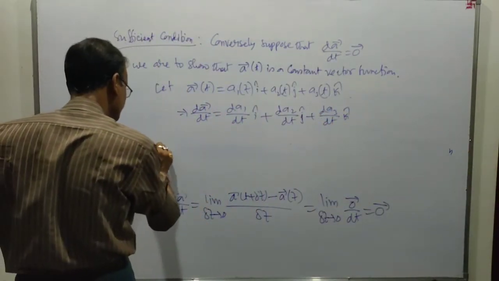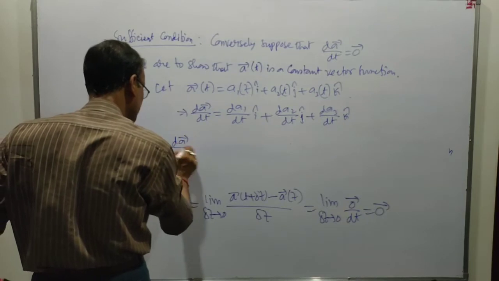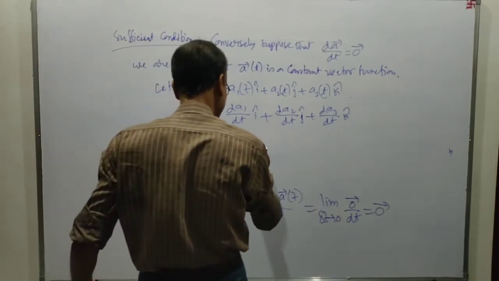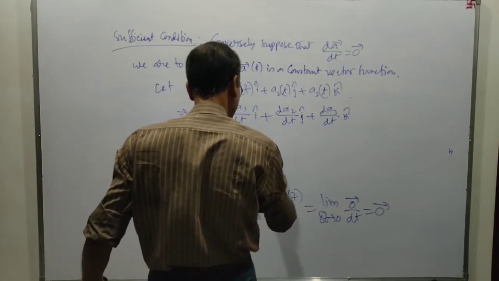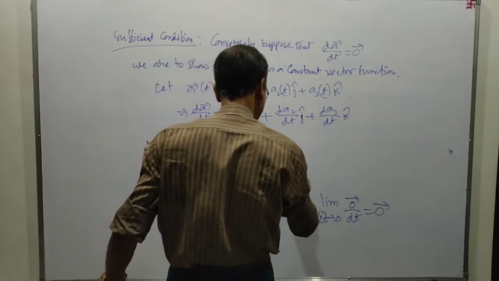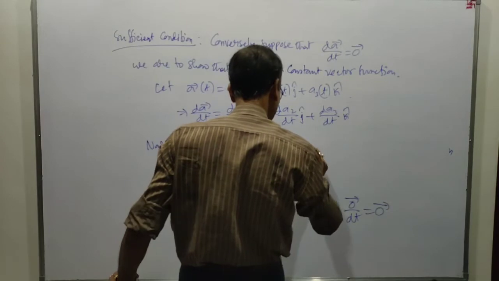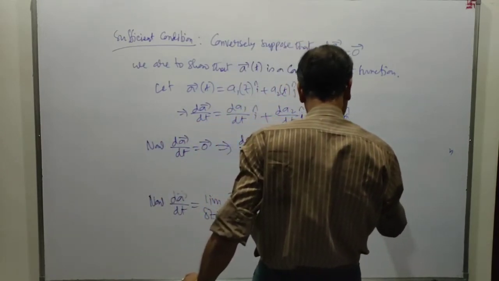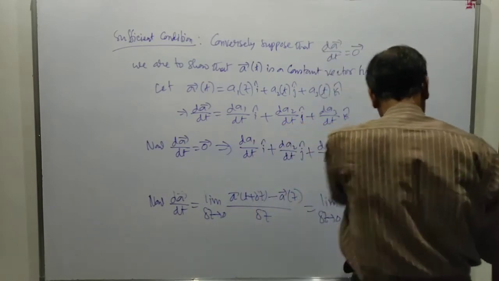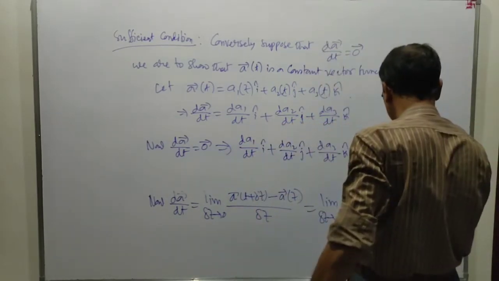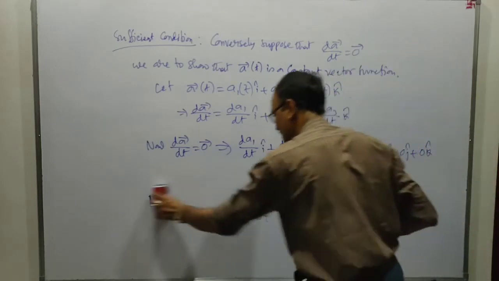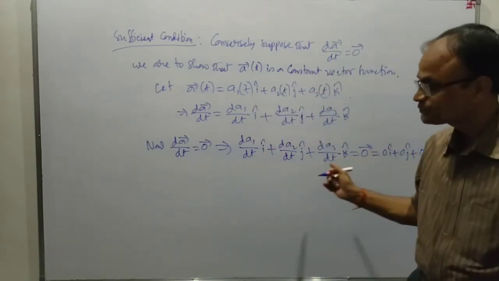Now, dA vector by dt equals 0 vector means dA1 by dt i cap plus dA2 by dt j cap plus dA3 by dt k cap equals 0 vector. This can be written as 0 i cap plus 0 j cap plus 0 k cap.